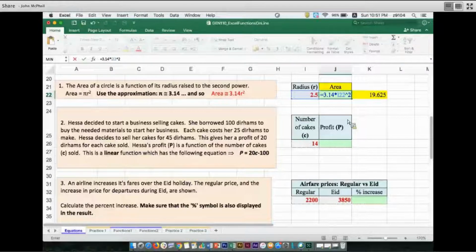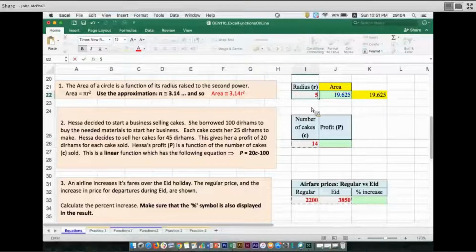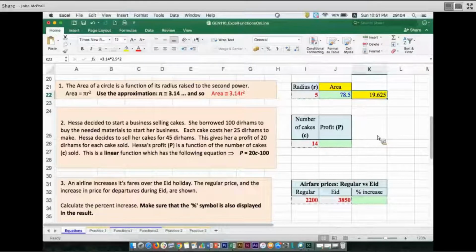It gives me the same answer. But the reason this is a better way to do things is because if I want to change the radius, I change the data 2.5 to 5, for example. I hit enter, and the area is updated. The old area stayed the way it was. It did not get updated.